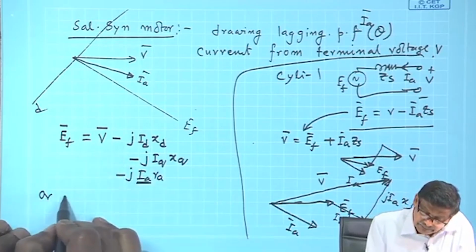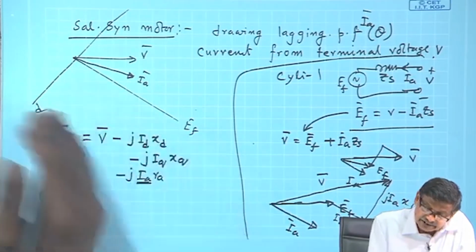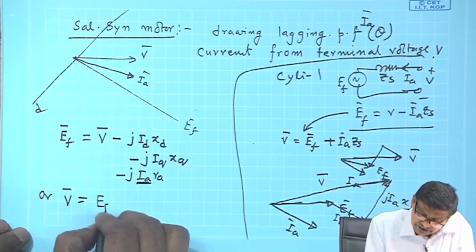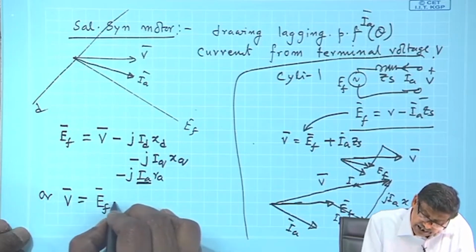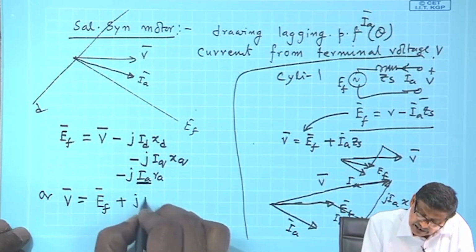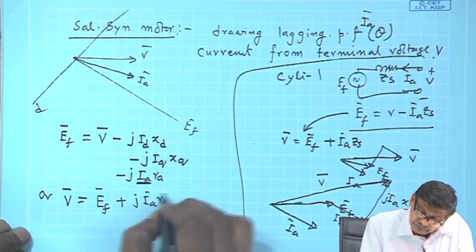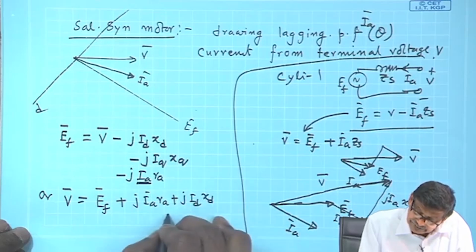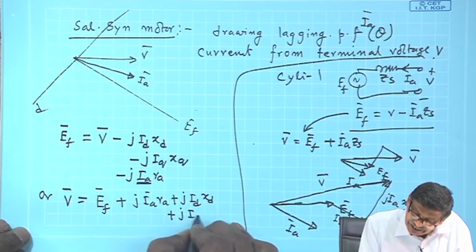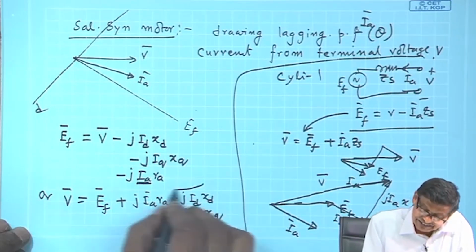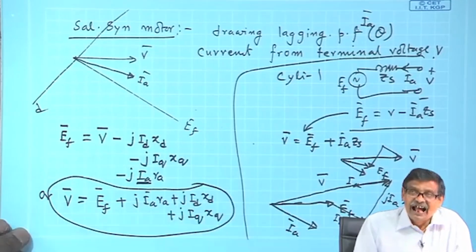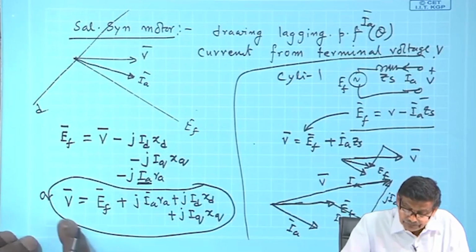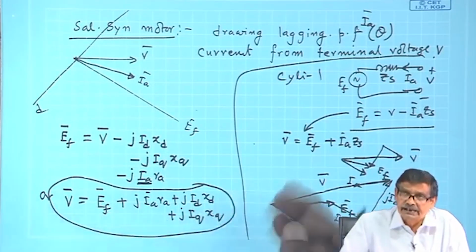Or I will say, translating this equation in terms of additions, if you first draw EF, then to EF you just go on adding this J IA RA plus J Id Xd plus J Iq Xq. This is the thing, and this addition thing I will use to relate between V and EF in the next class. Thank you.